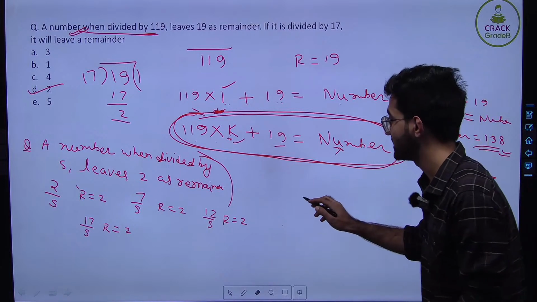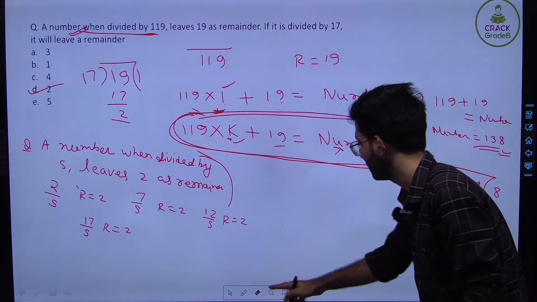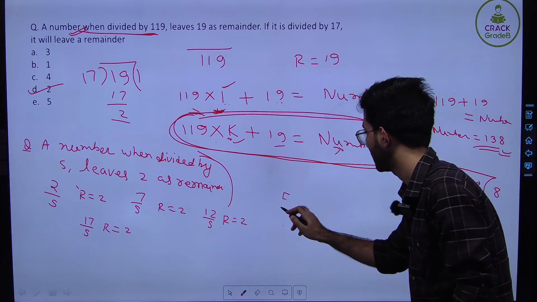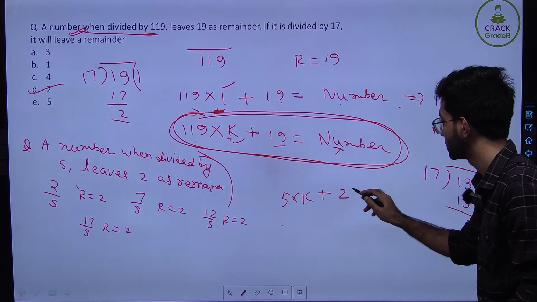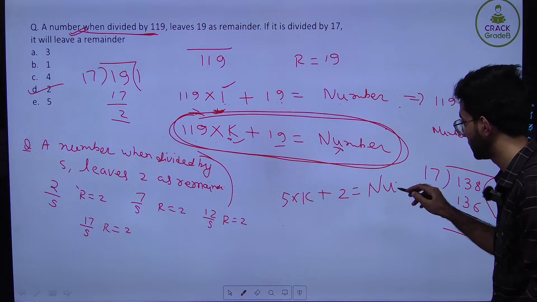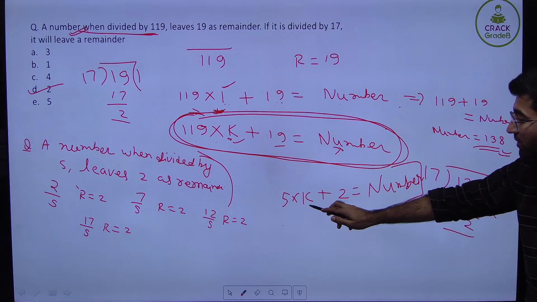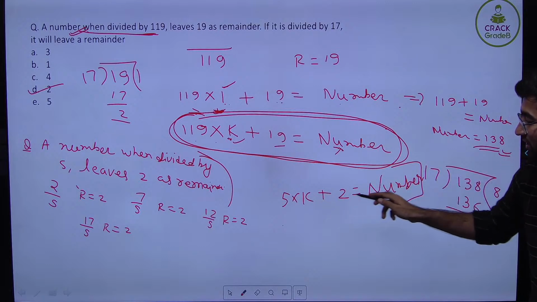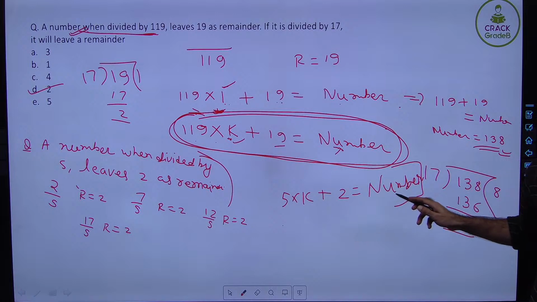Means you can say that that number is equal to 5 into k plus remainder 2. So obviously that is equal to the number. See, if you put the value of k as 0, 2 will be the number. If you put the value of k as 1, 7 will be that number, 5 into 1 plus 2, right?